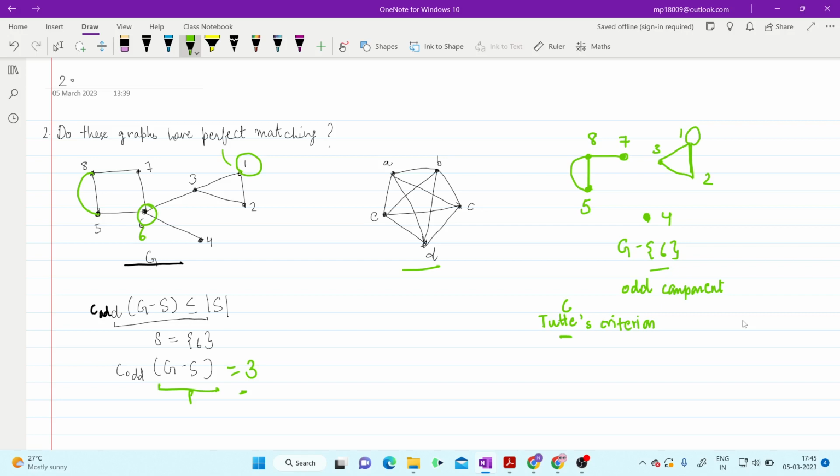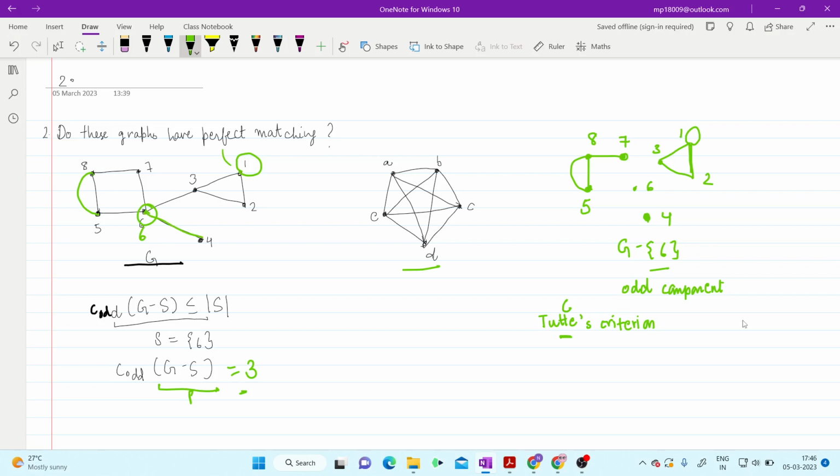these are the components and this is 6. If we want to construct a perfect matching, 6 4 should be there in the matching, because 4 has just one edge incident to it.